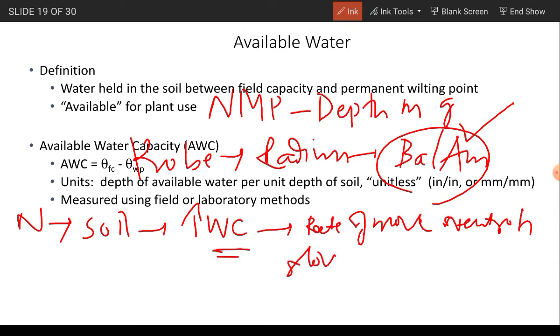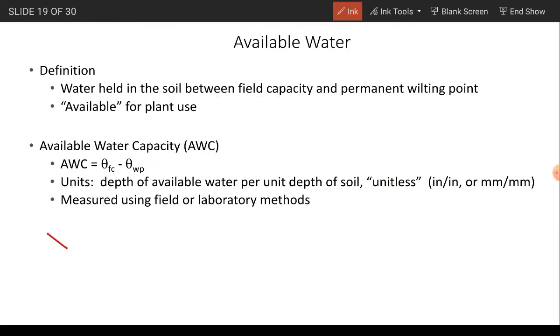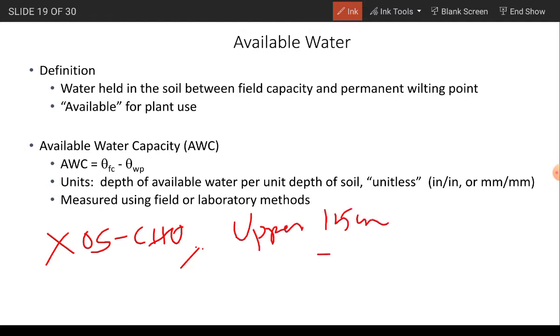So in this way you have to interpret that the moisture content is higher. It is not suitable for organic soils, because carbon, hydrogen and oxygen are constituents that may interfere with the neutron flow. And for the upper 15 centimeter soil it is not suitable. This is all about the neutron probe or neutron moisture meter.